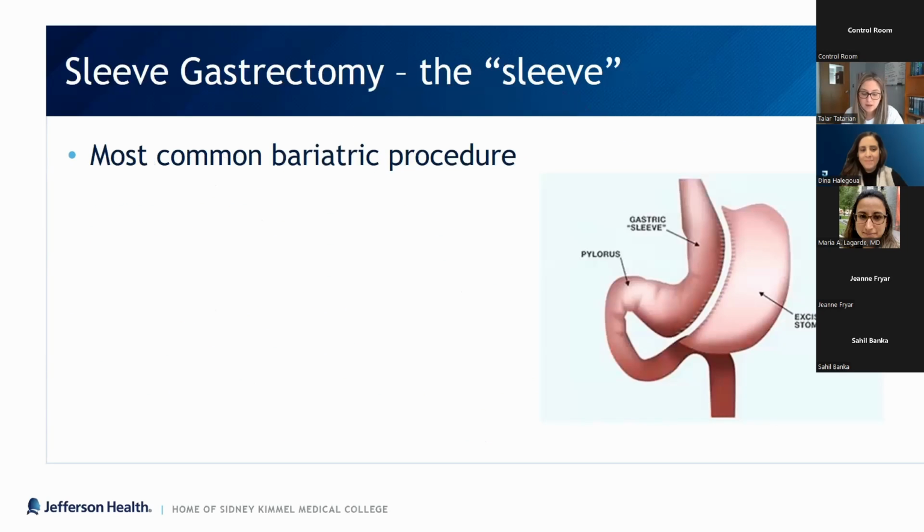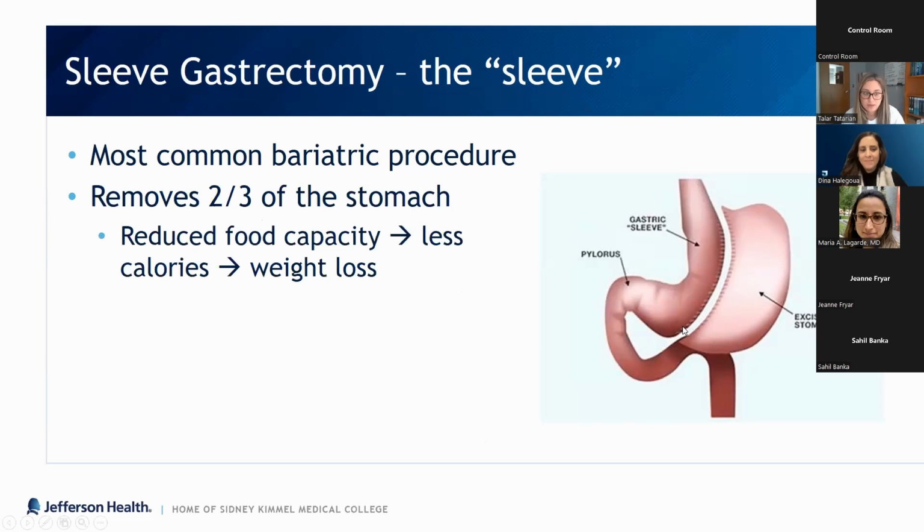Really, the sleeve is the most common bariatric surgery procedure and what is commonly recommended for patients with NASH or even cirrhosis in certain cases. Essentially, we use a stapler to remove about 2/3 of the stomach. The portion of the stomach that you see on the right-hand side gets completely removed out of the body, and the new stomach is about the size and shape of a banana.